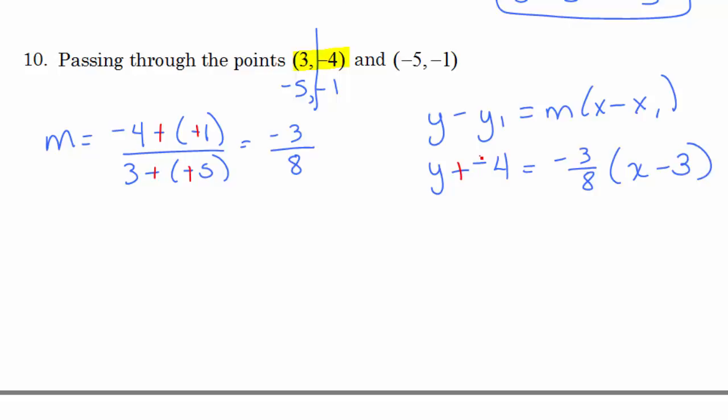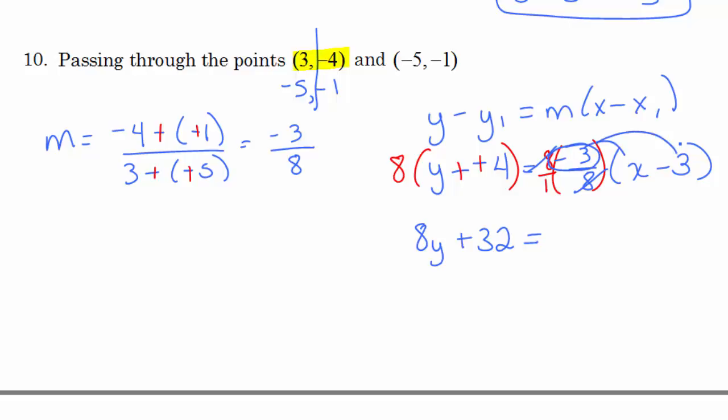So I'm going to make that plus, and let's see, what am I going to need to multiply by? 8. So distribute your 8. The 8's reduce. Don't forget that negative sign. Be really careful. So I have -3x plus 9.